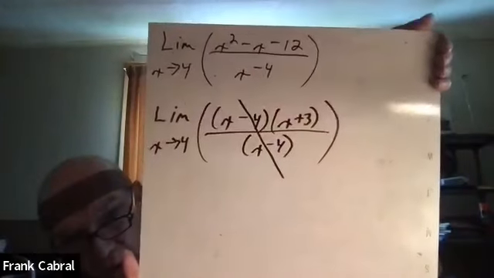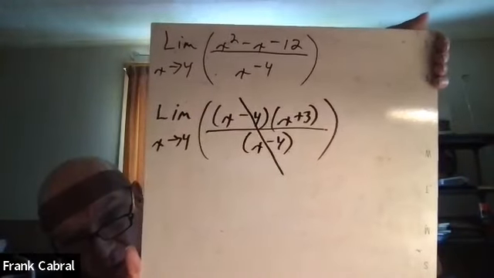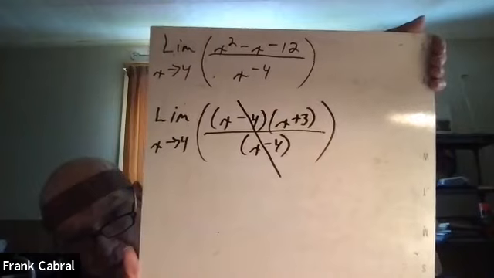So I factored the numerator. Notice that the x minus 4 is canceled, and it leaves me with just x plus 3. So now I'm going to take the limit as x approaches 4 of just x plus 3. Now notice that I really haven't changed the function. I've just algebraically rearranged the way that it looks.